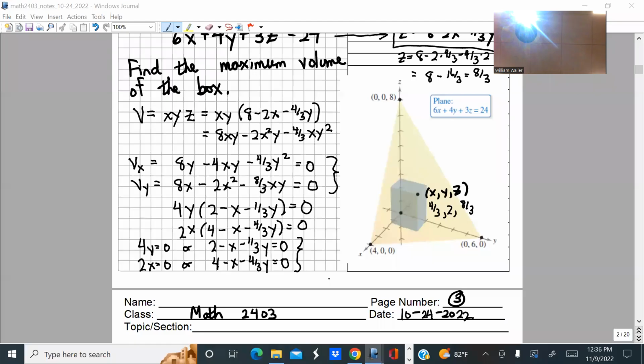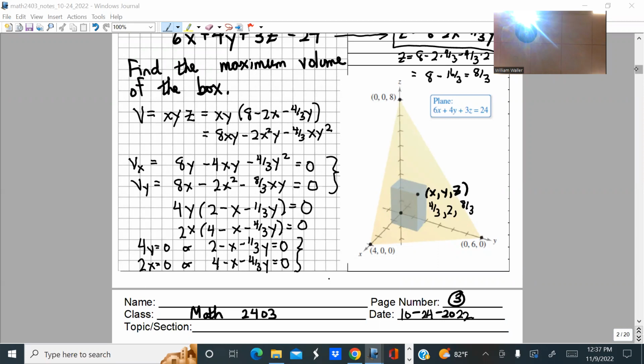Okay, let's start again. Let me say one more thing about this problem. That critical point where x is 0 and y is 0 doesn't correspond to the origin. That corresponds to this point on the graph, because when x is 0 and y is 0, z must be 8.